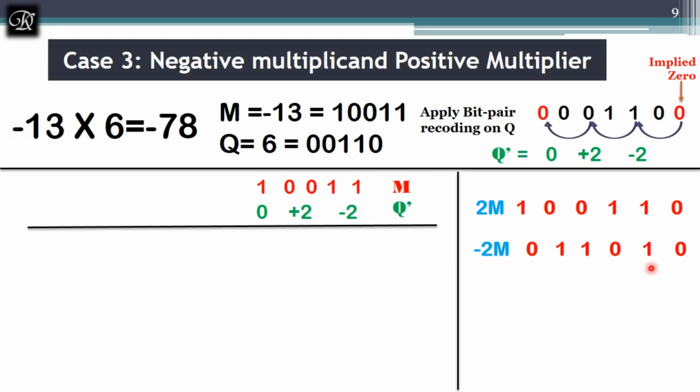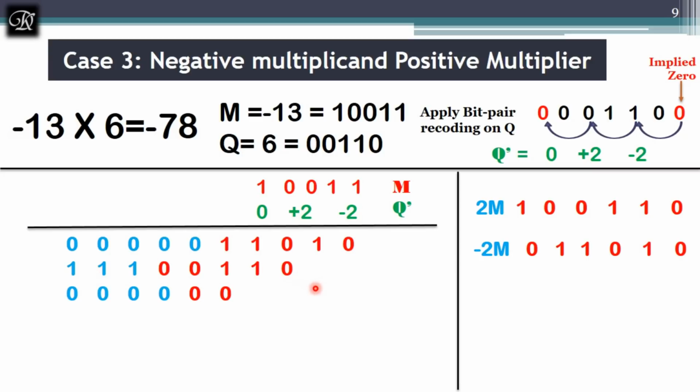Now I should write positive 26 over here, and the sign of that number is 0, so all the remaining bits will be set to 0. Next, we have positive 2, that is negative 26. I have written negative 26, and I have written the sign bit extension.